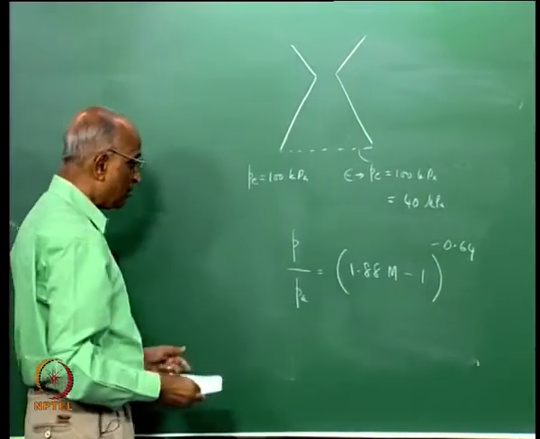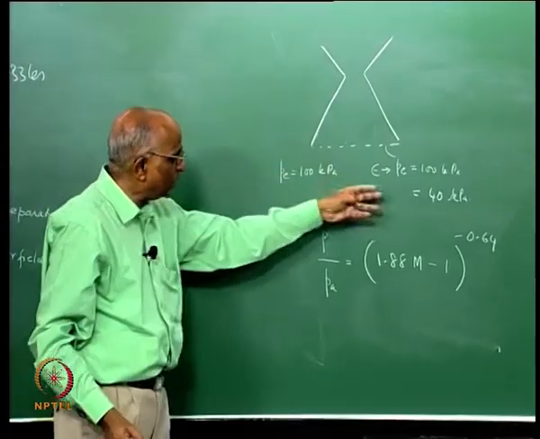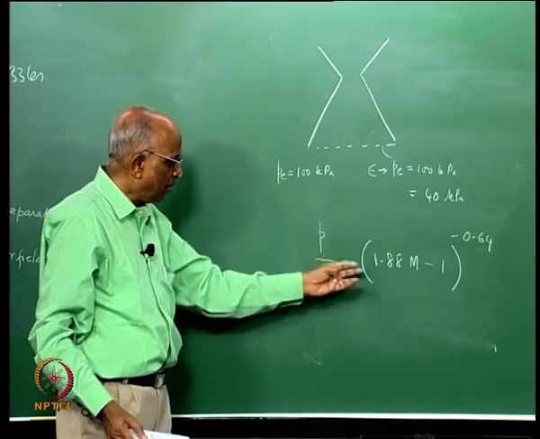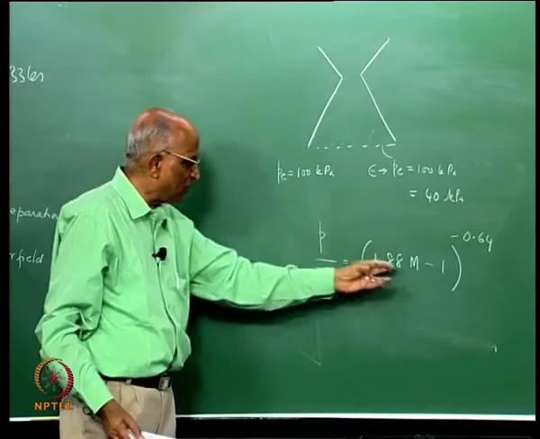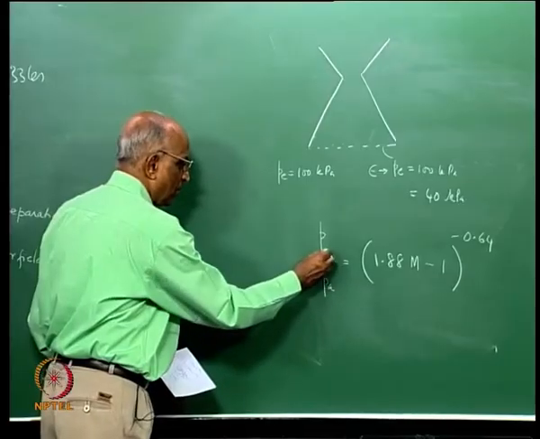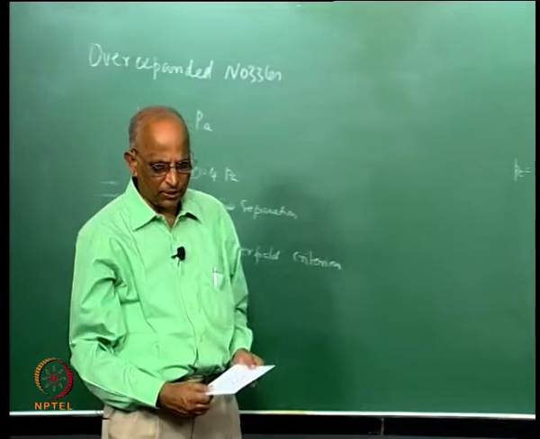Based on experiments, it is not only the inertial force which delays it to a constant value of 0.4 times the ambient pressure, but it depends on the local Mach number at which flow separation takes place, and this is the value of the exit pressure for which flow separation takes place. This is again based on experiments.